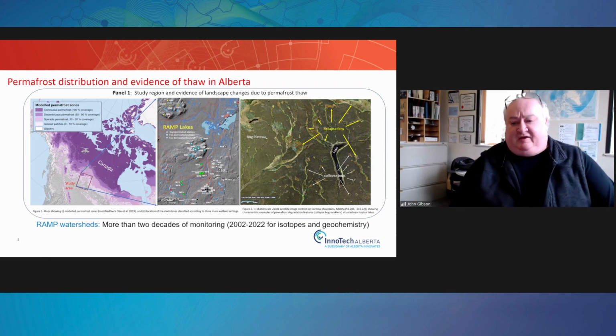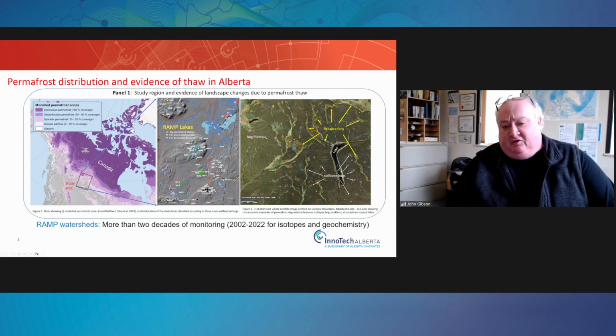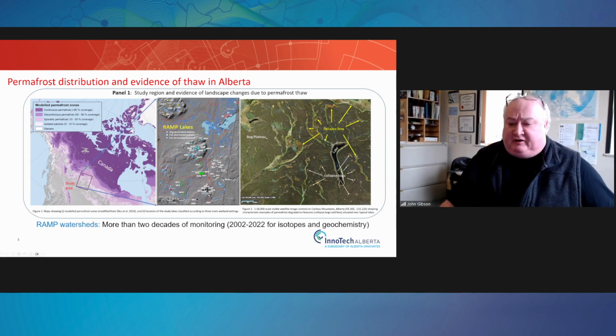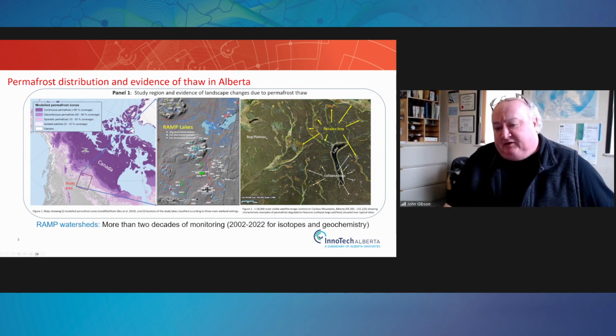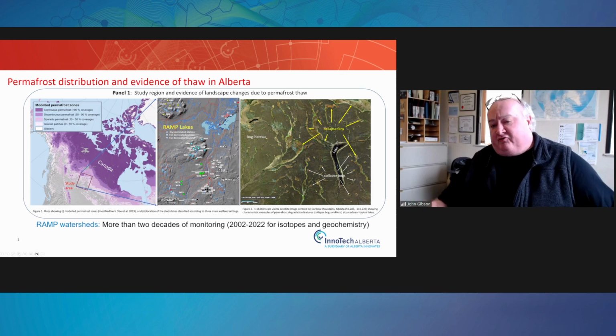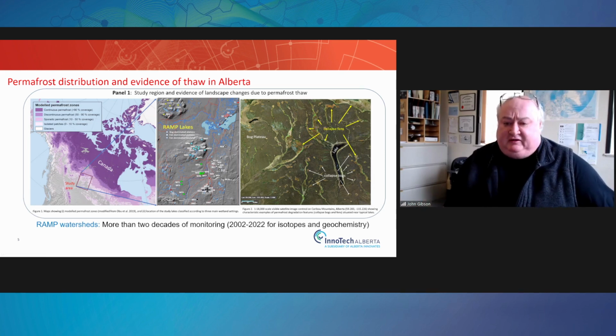They tend to have permafrost in the north, but in the south, the Stony Mountains is more or less already thawed. So it's a permafrost thaw trajectory that has occurred over a long period of time since the Little Ice Age, a cold period that occurred between about 1300 and 1850.